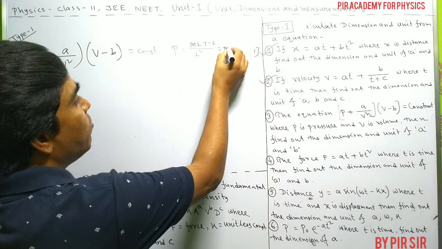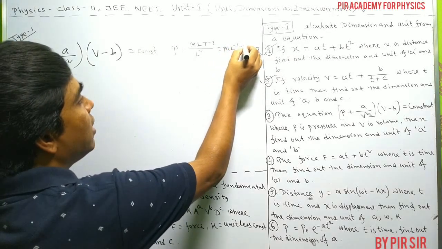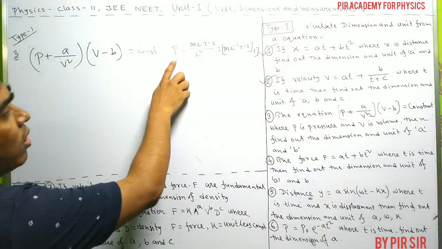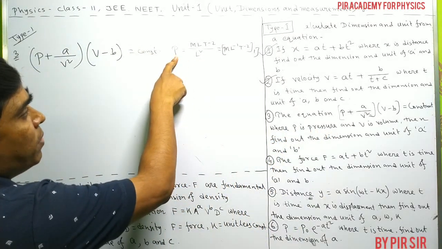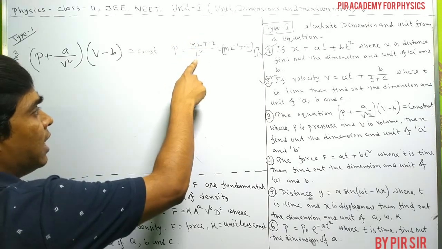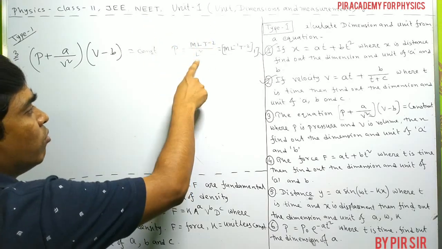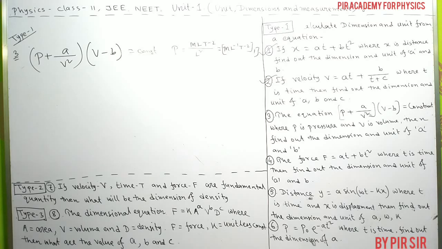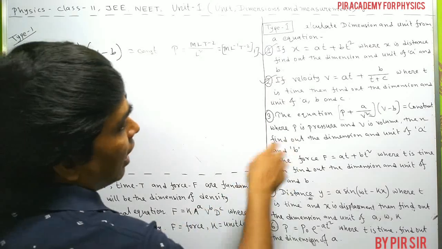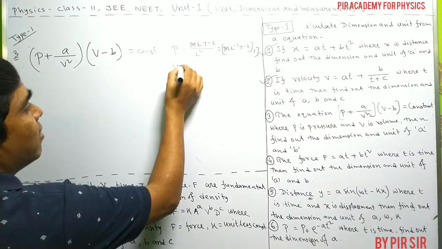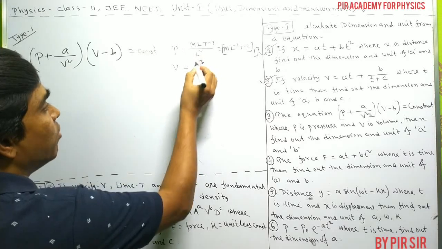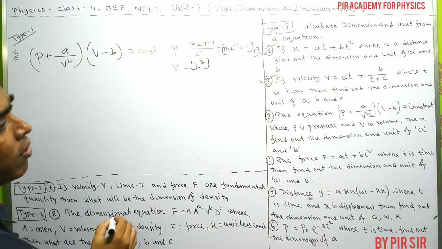That will be M L to the power minus 1 T to the power minus 2. Then what is the dimension of P? Pressure means force by area. Force equals M L T to the power minus 2, and area is L square. That means the dimension of pressure will be M L minus 1 T minus 2. And V is volume. Volume means L cube. The dimension of volume is L cube.